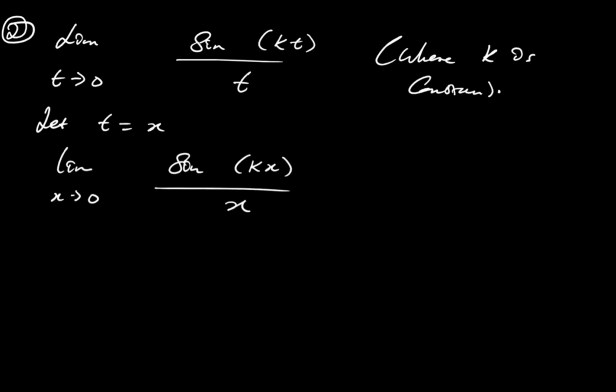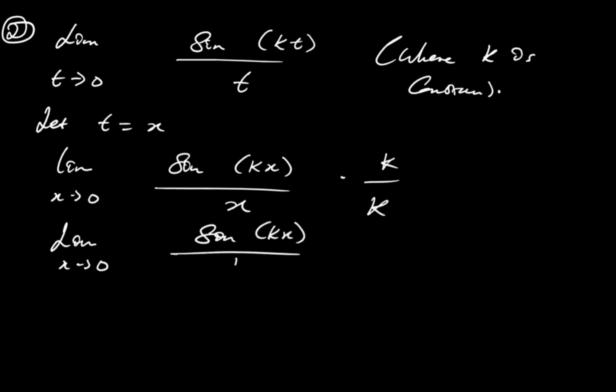Now, you can manipulate this by saying that algebraically I can introduce k over k. And what am I going to have in turn? I have the limit as x approaches 0 of sine of kx over kx times k over 1.